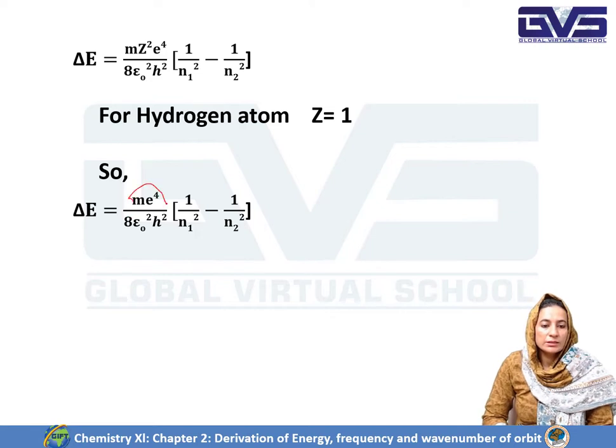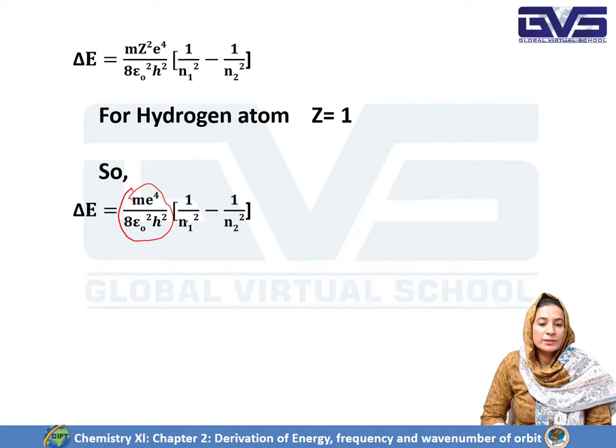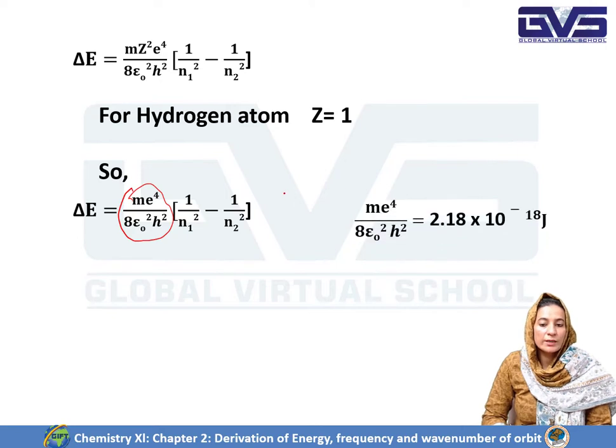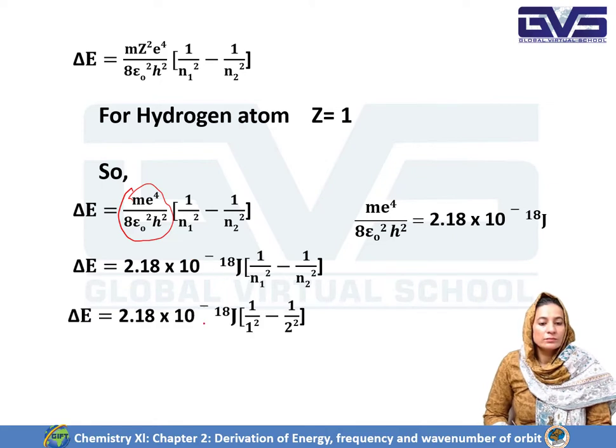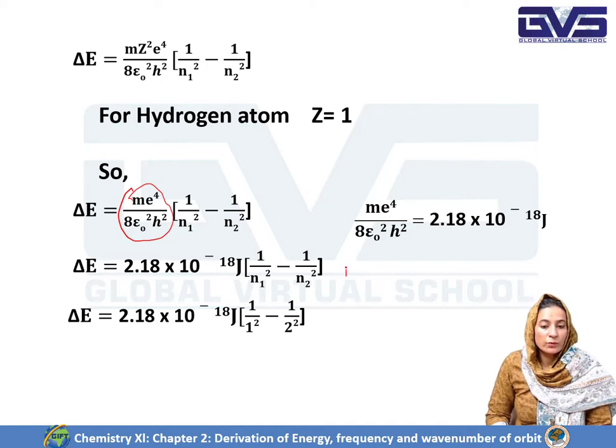This is a combination of constants, represented by k, and putting in the values we get the numerical value 2.18 times 10 raised to power minus 18 joule. Like this one, n1, as I told you, is for the lower energy level, and n2 for the higher, suppose we want to calculate for E1 and E2.